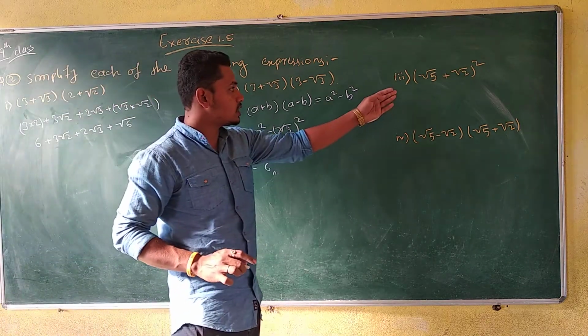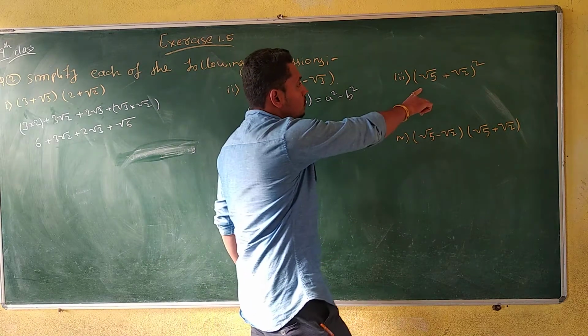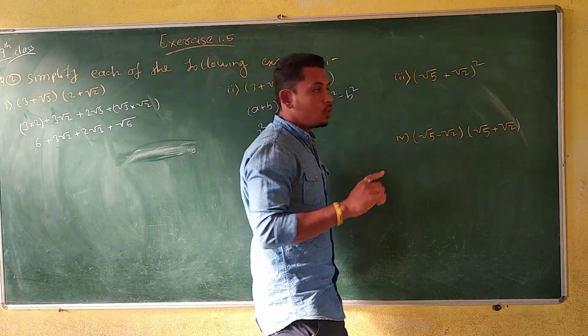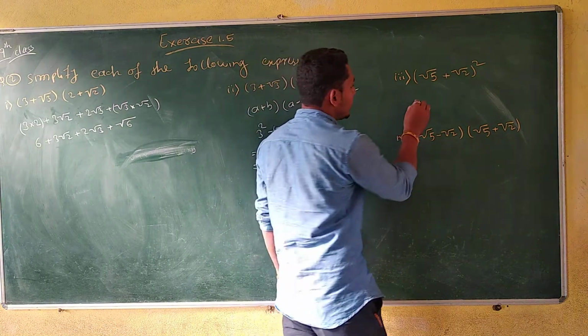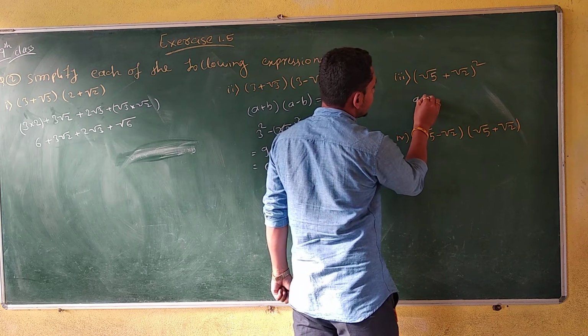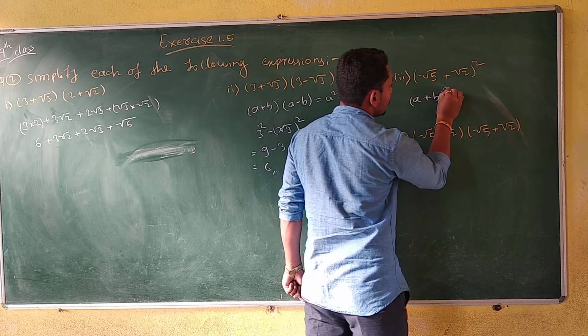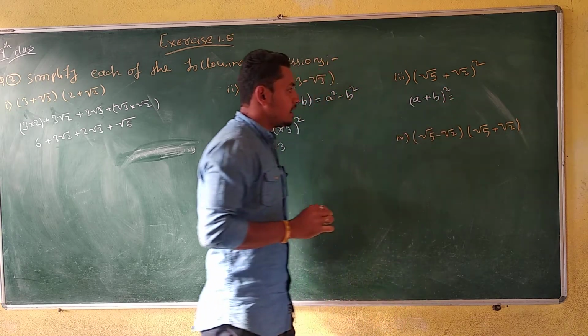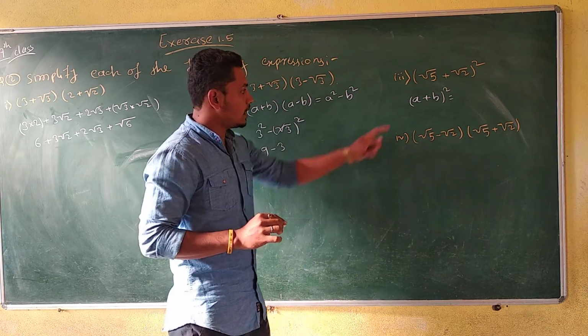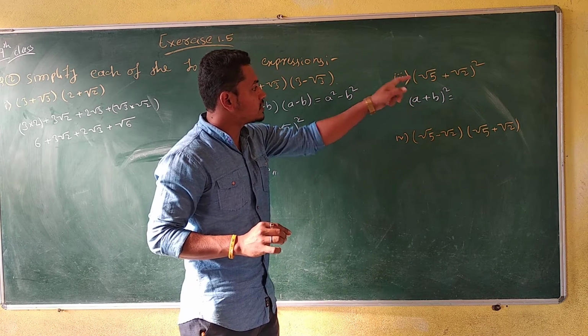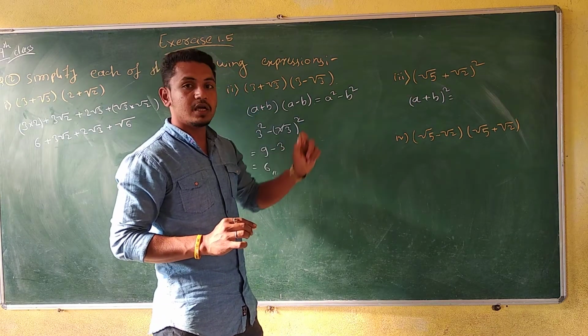Now see here, question number 3. Root 5 plus root 2 whole square. Which identity suits here? A plus b whole square. So consider the value of a is root 5 and the value of b is root 2.